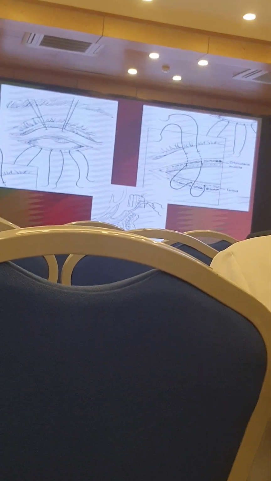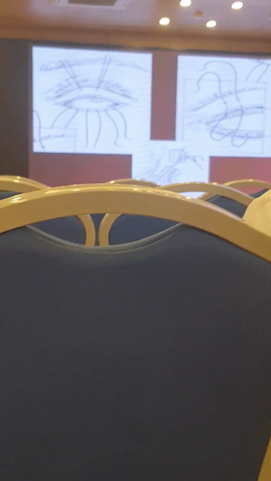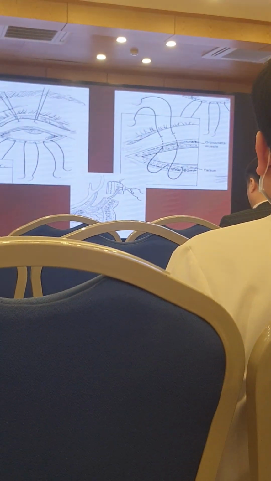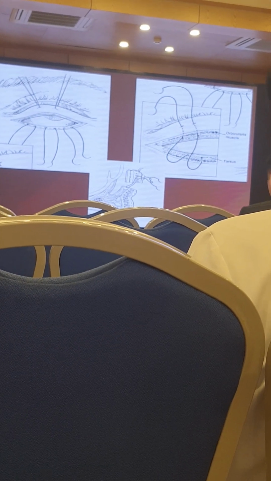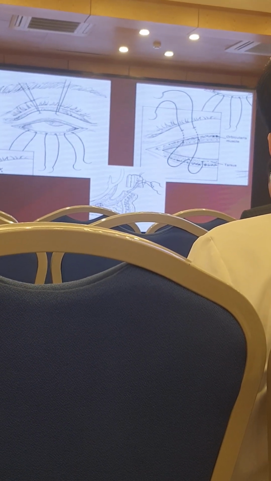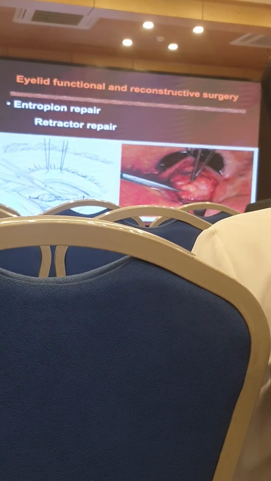They go in through the inferior fornix conjunctiva, then they go up through the eyelid orbicularis layer, and you tie it on the surface of the skin, and that creates an everting effect on the eyelid. So this can be very effective in a simple procedure for entropion as well.